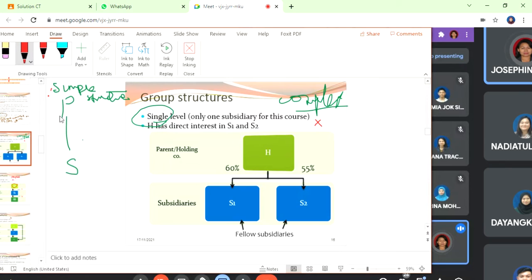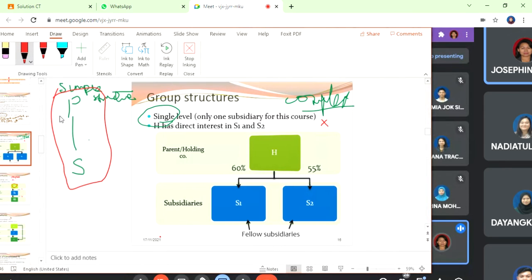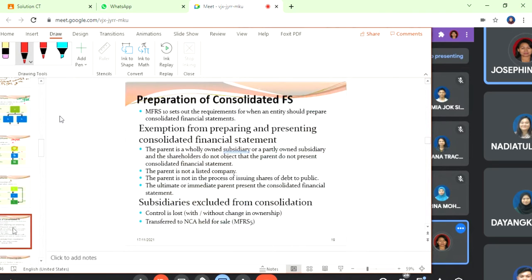What will come out in exam is really simple structure, like what was just said in the project. All those complexities will come out later when you go to a more advanced level. So that's the group structure.